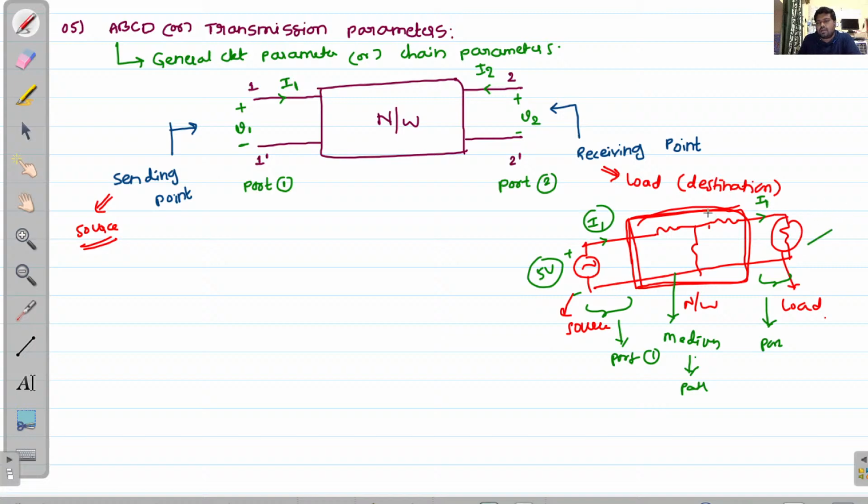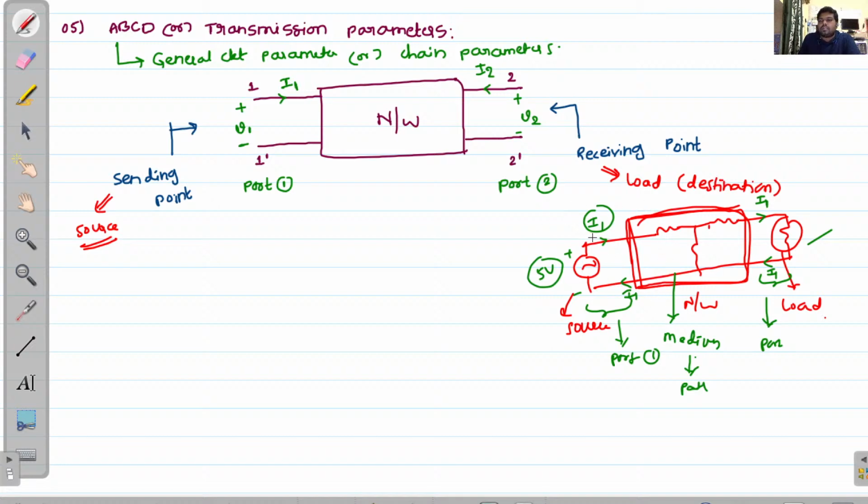This is in the one way of transmission, so that's why I'm taking the current direction in this way, and the same current can be transferred here, and again we get I1 here in the case of a DC source. The same current can be circulated through this entire loop.